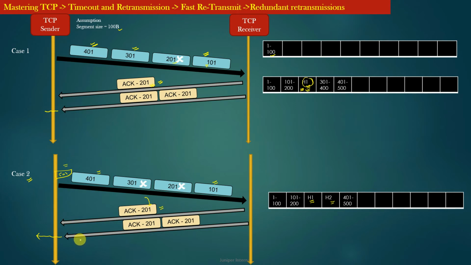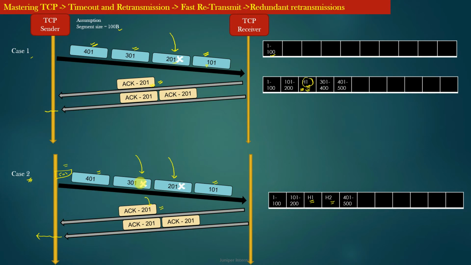So you can see that from the TCP sender's perspective, in case 1 and case 2, the sender cannot distinguish whether only the segment with sequence number 201 is lost, or both the segments with sequence numbers 201 and 301 are lost.